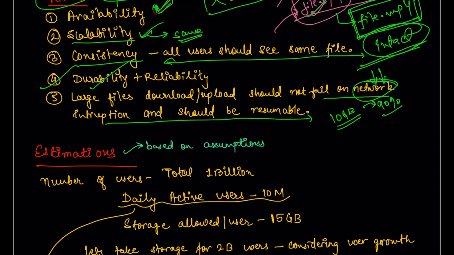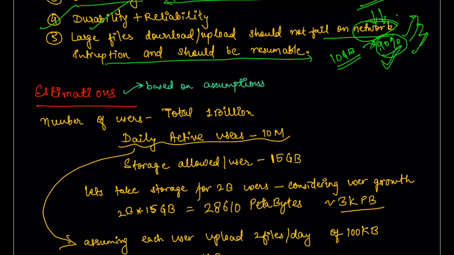So you want a functionality that as my internet comes back, as my network is restored, this file upload should resume after 90%. ऐसा नहीं होना चाहिए भाई कि मैंने 90% अपलोड कर दिया था, इंटरनेट खराब हो गया and उसके बाद you will have to upload the file again. ठीक है, so we are looking for a functionality that your large file should be uploaded, downloaded, should not fail on network disruptions and it should be resumed कि जहां तक हो गया था उसके आगे बढ़ेंगे.